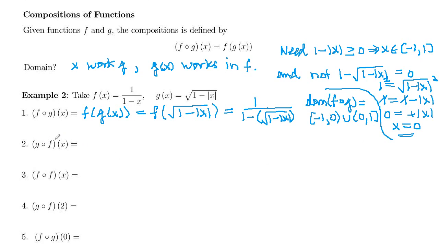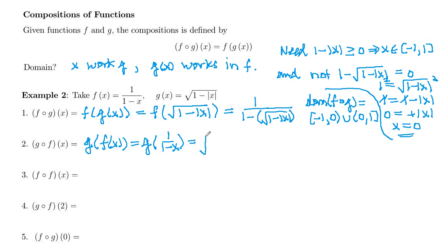What about g circle f at x? So g plug in f of x. So now we've got the function g. We're plugging in f of x, which is 1 over 1 minus x. Now what does g do to what you plug in?